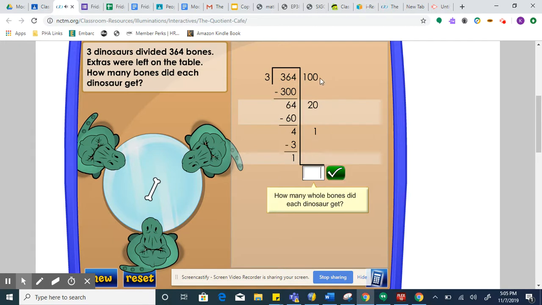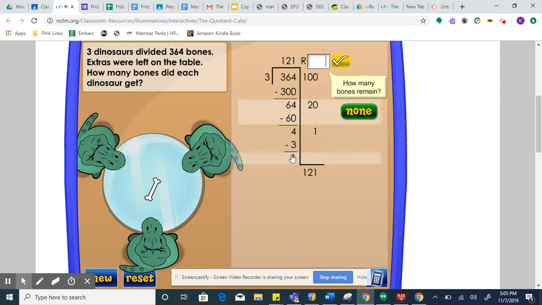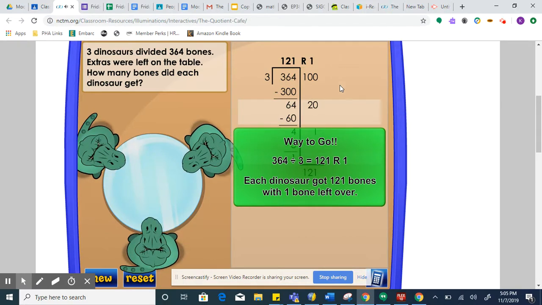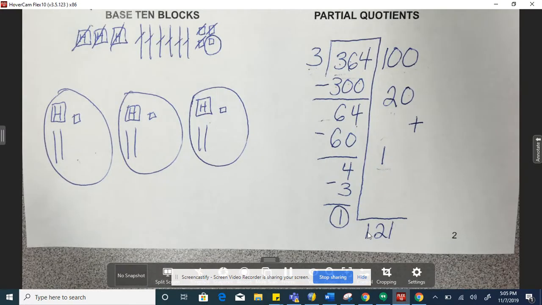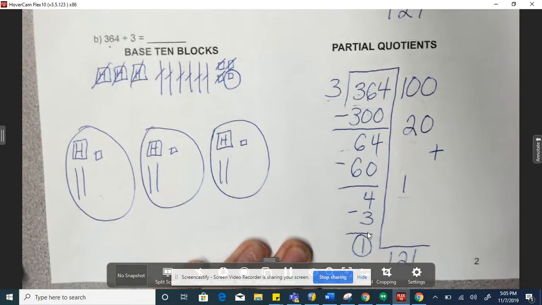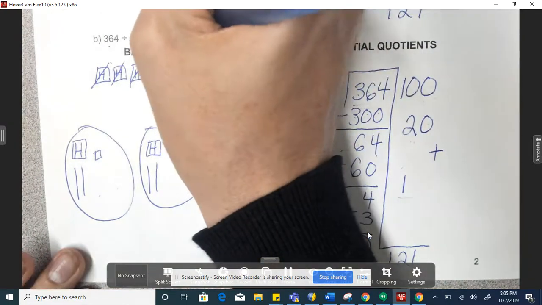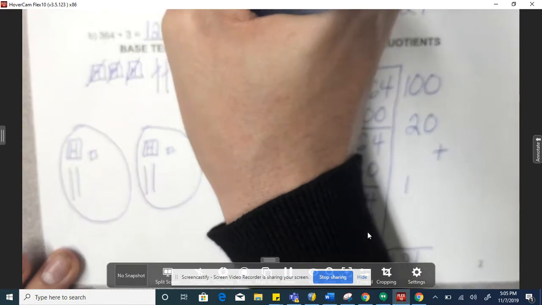Let's add them up to see how much each dinosaur ate. 100 plus 20 plus 1 is 121. So that is our quotient, and our remainder is right down here. We have 1 bone left on that plate. So here, we're going to go back to our problem. We're going to say our quotient for 364 divided by 3 is 121, remainder 1.